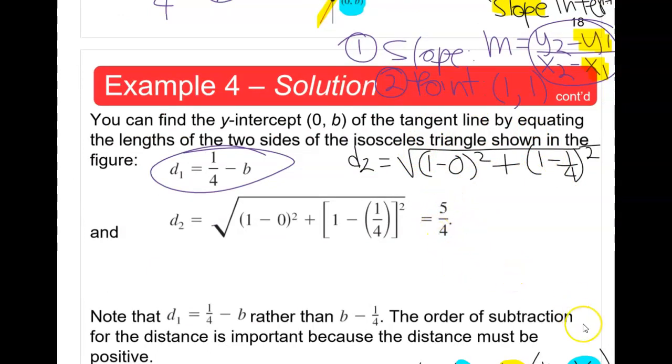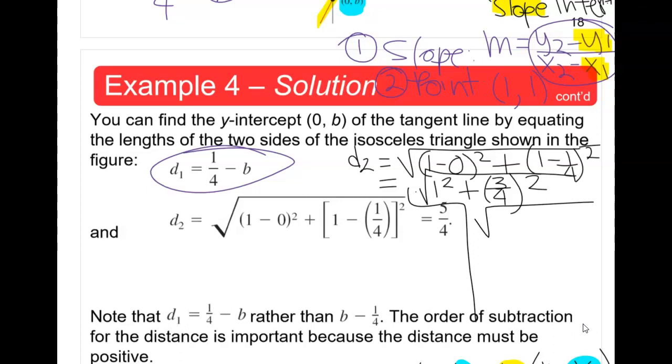So let's see why. Here we will have 1 minus 0 is just 1 squared, plus 1 minus 1/4. Think of 1 as 4/4, so 4/4 minus 1/4 is 3/4 squared.